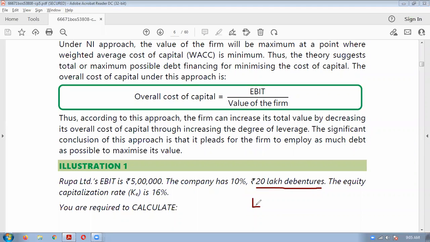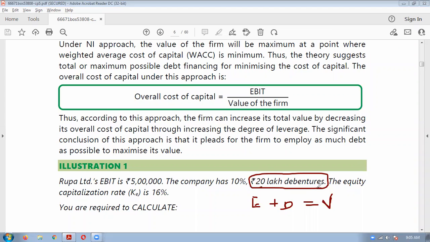Equity plus debenture will give us the total value of the firm. Market value of equity and market value of debt is equal to the total value of the firm. What is the value of the firm? Debt is already given in the question, 20 lakhs.